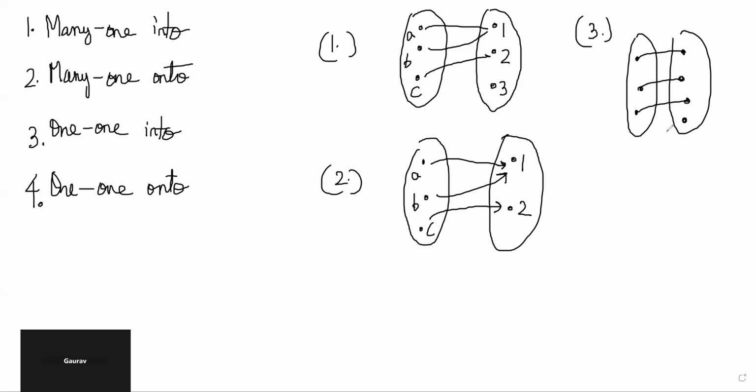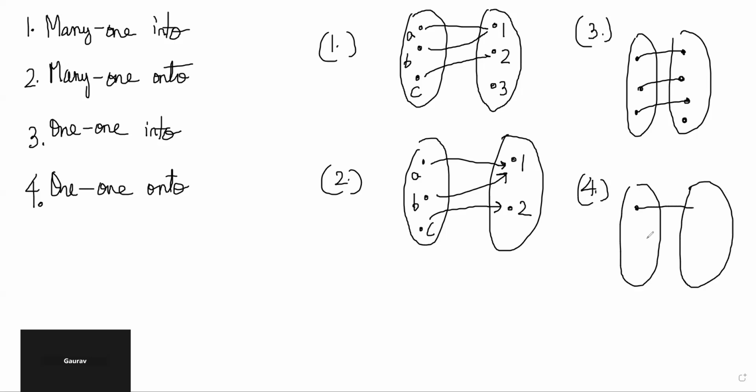Here, one element will be there, which will be extra. At least one, it could be more also, but at least one element has no connection, right? And finally, the fourth kind would be one one onto. And here it is guaranteed that the number of elements in both sets have to be same. Do you understand? This is your one one onto function.